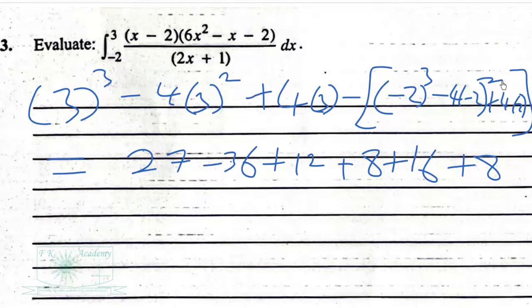So this will give us negative 9, and 12 plus 12 gives us 20. Then 20 plus this will give us 28 plus 16 plus the negative 9. This will simplify to 35. So this thing is equal to 35.